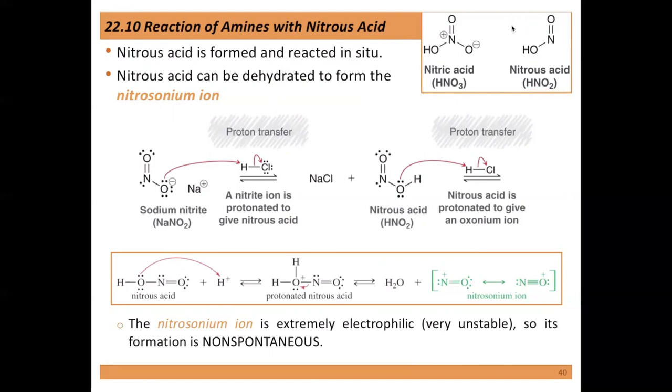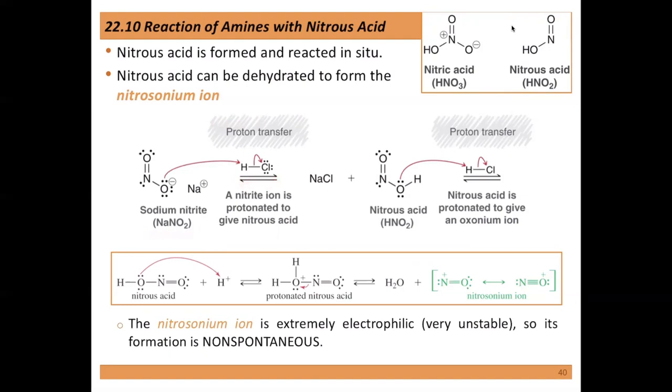HNO2, or if you say it as its formula, it is also known as HONO. Now you can actually generate nitrous acid by taking a salt, sodium nitrite, and mixing it with an acid, HCl.